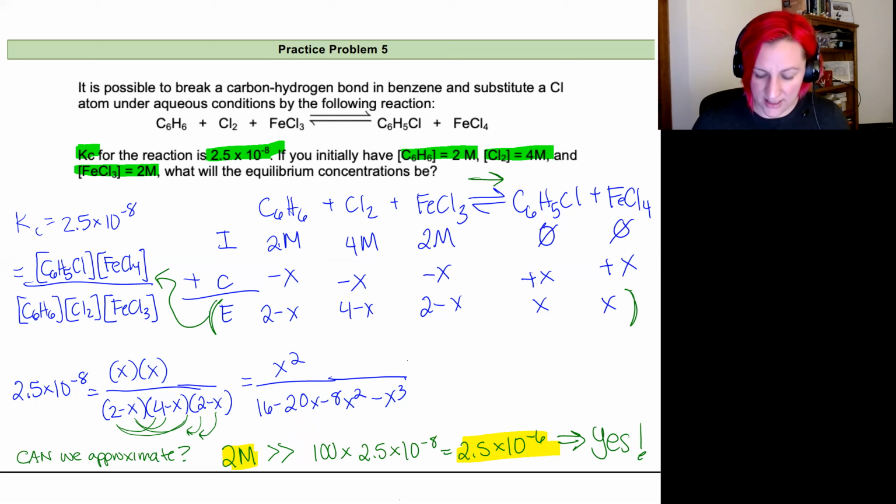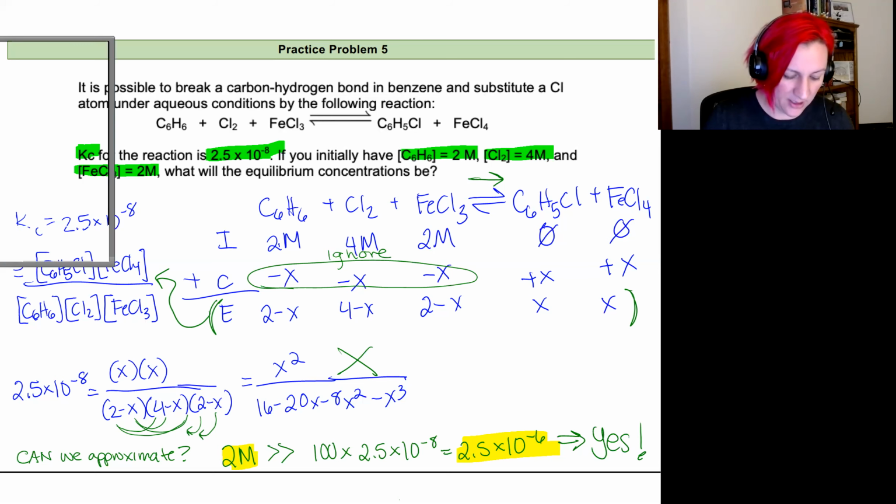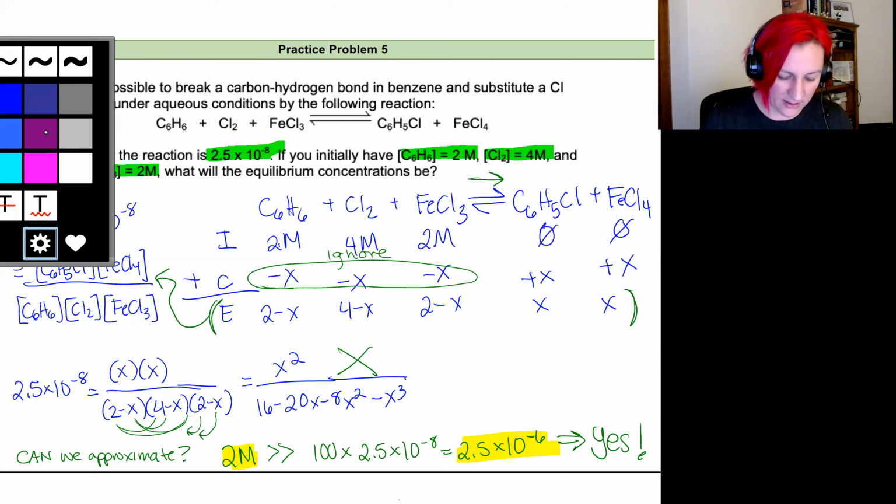So I'm going to stop here, right? I'm going to go, whoops, nope, not going to do it. And I'm going to come back and estimate away that x in all of my reactants. So I'm going to ignore this. My equilibrium values are going to be a little different now. I'm going to change the color of my pen to help with this.